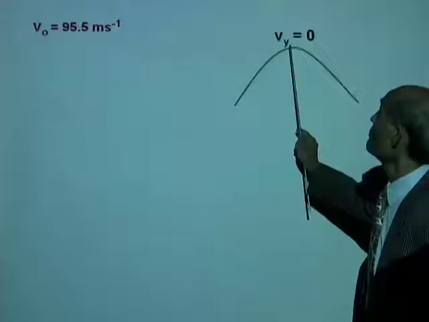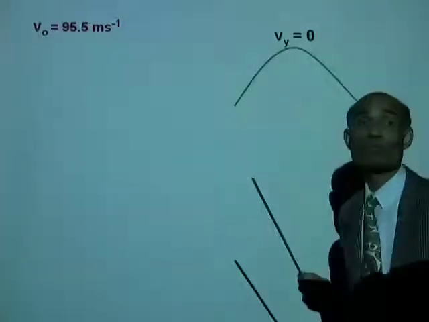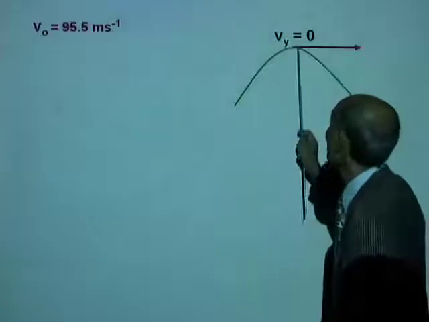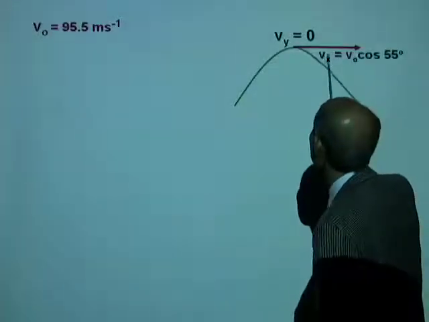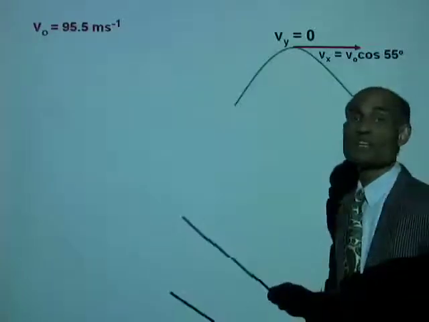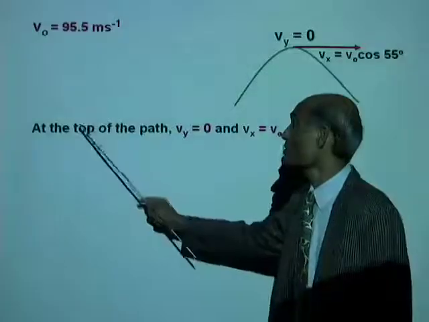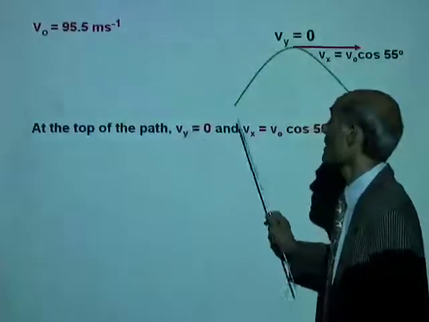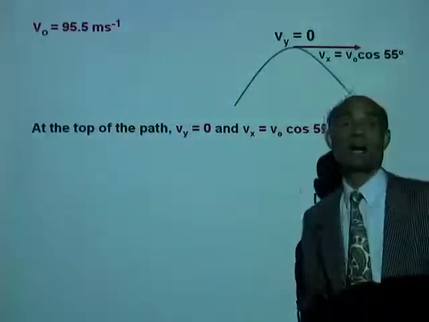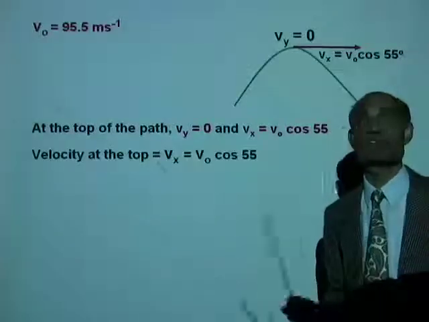Alright. At the maximum height, Vy equal to 0, and its velocity is simply made up of Vx. Vx equal to V0 cos 55 degrees. At the top of the path, Vy equal to 0 and Vx equal to V0 cos 55.